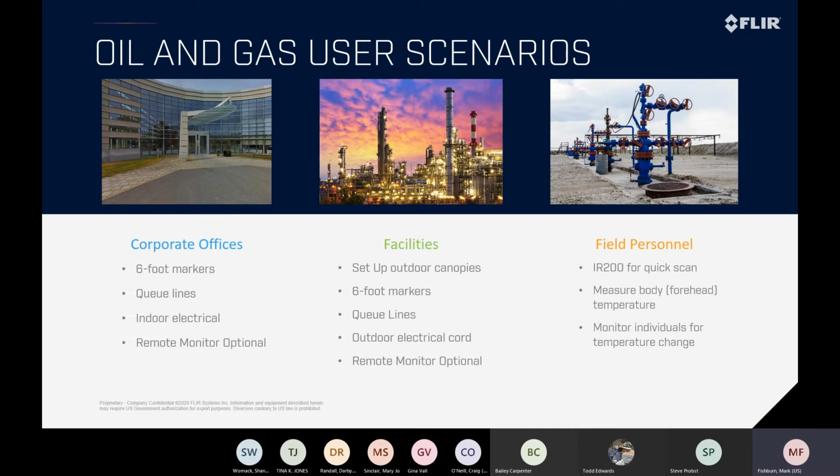Most of these facilities already have a canopy. They use it for different reasons. 6-foot markers, queue it up. And you could either use a remote monitor or just use the camera by itself. And then for the field personnel, you still could use X-Tech, which is a FLIR company. It has a handheld thermometer for just quick scans on the forehead. But here's how it would look.